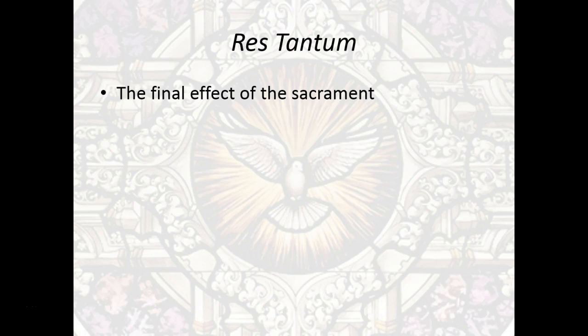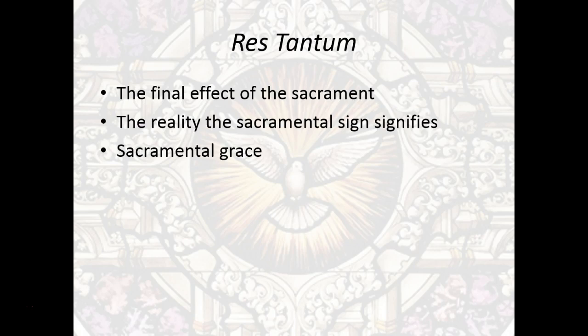So the res tantum is the final effect of the sacrament, what it's all aimed at. This is the reality that the sacramental sign signifies, and it's ultimately sacramental grace, right? So for baptism, the res tantum, the final thing is the grace of justification.